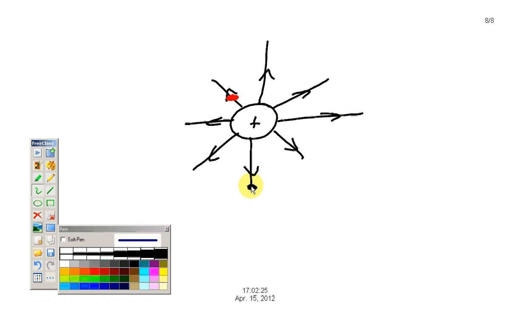The field strength actually decreases the further I get away from a point charge, and I'll show you why. Because you already know that if it's a strong field, the field lines are drawn closer together. So just have a look. As we go away from a point charge, the distance between the lines gets bigger and bigger, and therefore the electric field gets weaker and weaker. So at this point, it's much closer than at this point. And so the electric field strength decreases the further we get away from the point charge.